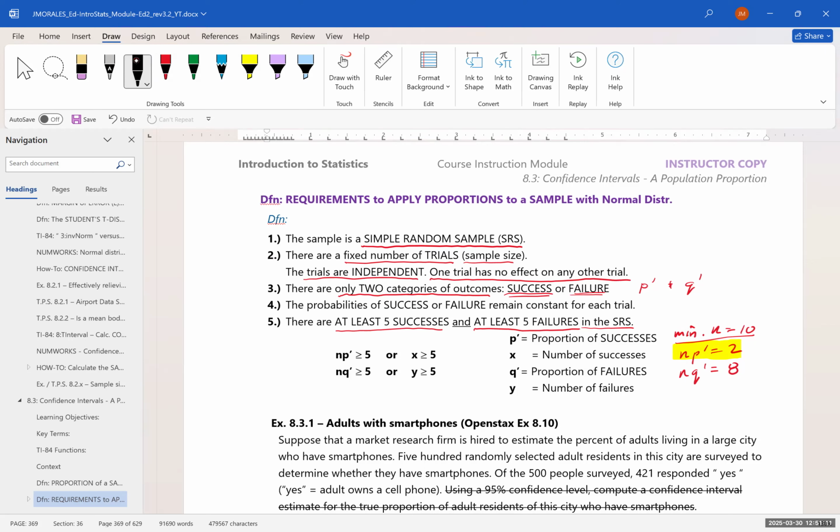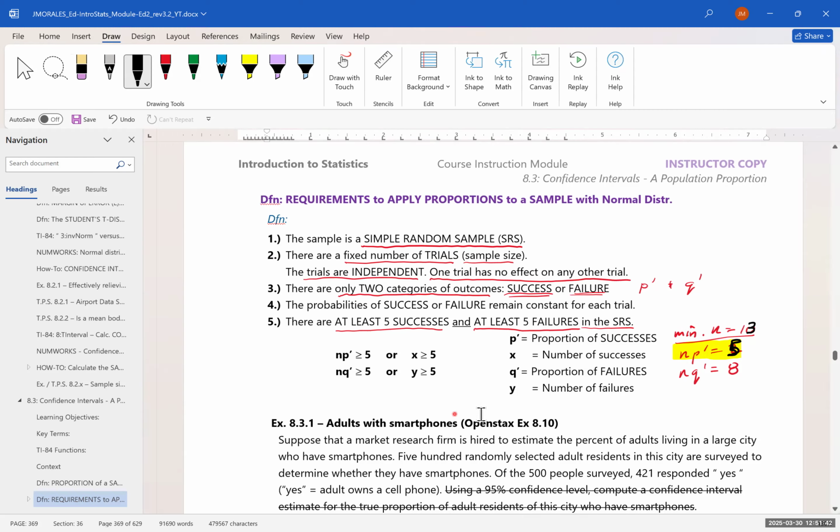So what you would need to do is keep sampling more and more people, maybe as many as 13, until the number of successes got up to 5 or higher. So that's kind of what this last rule means here.